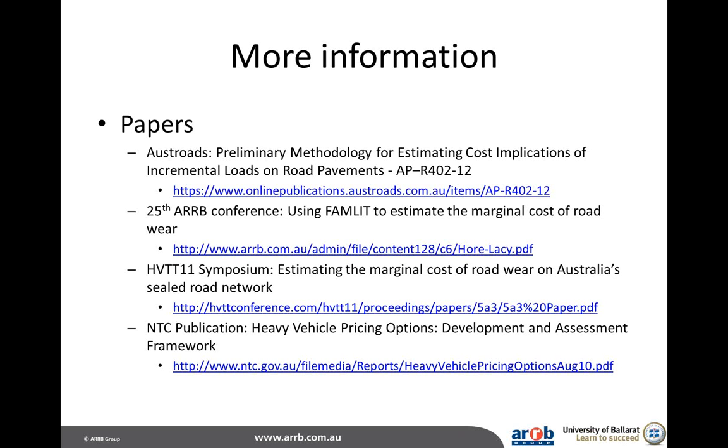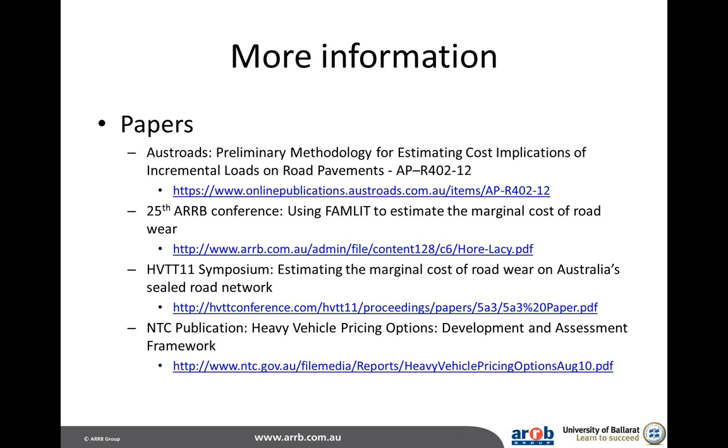I presented a paper at the ARB conference last year, and that paper is available online to be downloaded from the ARB website or using that link. I also co-wrote a paper that was presented at the Heavy Vehicle Conference in 2011. That paper was much more looking at marginal cost, slightly isolated from FAMLIT, but that's also there and publicly available online.